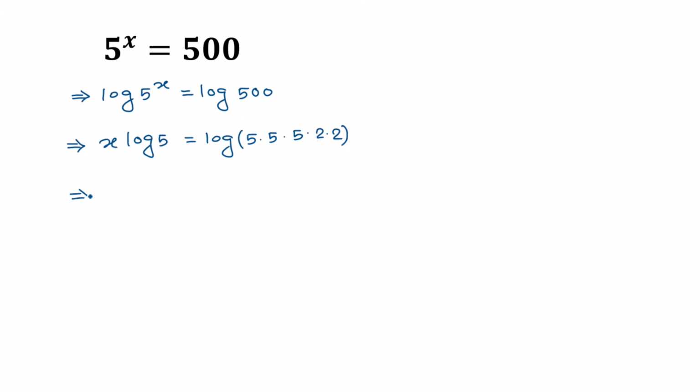So x times log of 5 is equal to the right side, log of 5 times 5 times 5, which is 5 to the power 3, times 2 times 2, which is 2 square.